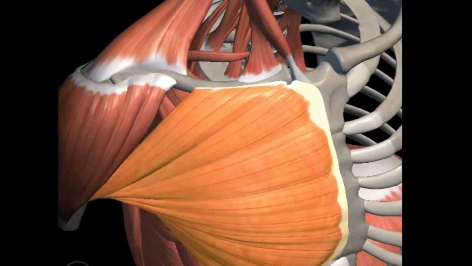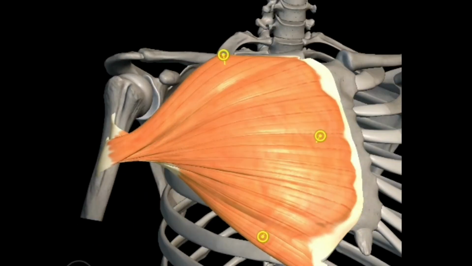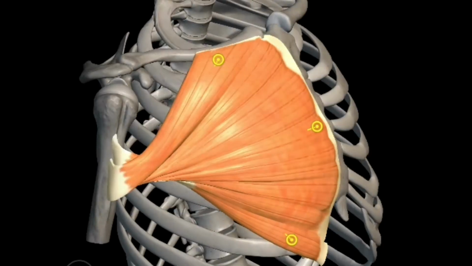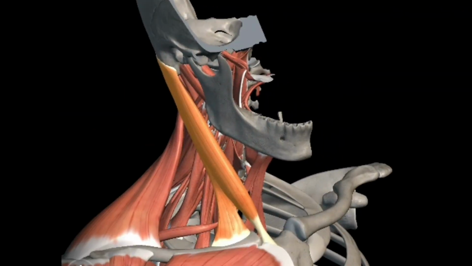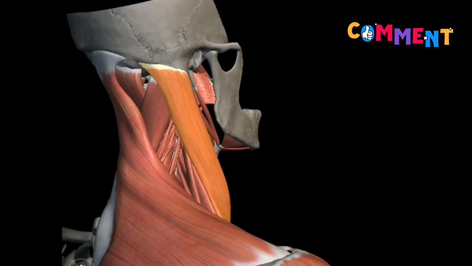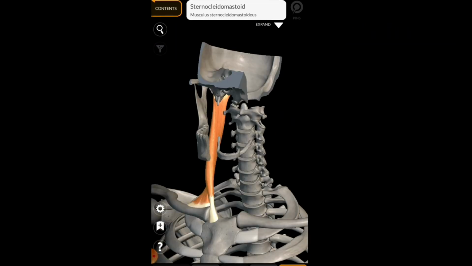Now the medial 2/3 anterior surface gives origin to the pectoralis major muscle. Superior surface gives origin to the sternocleidomastoid muscle.